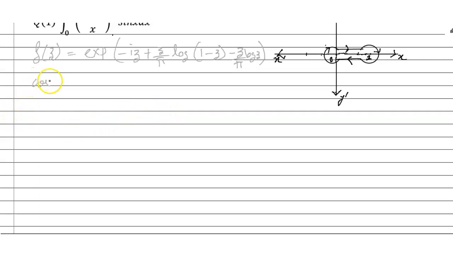With minus pi less than argument z less than pi, or 0 less than argument of 1 minus z less than 2 pi, and branch point at z equals 0, 1.